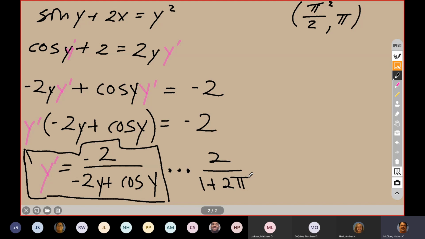So if the slope of the tangent line is 2 over 1 plus 2 pi, I'm going to take the opposite of black, which is red.